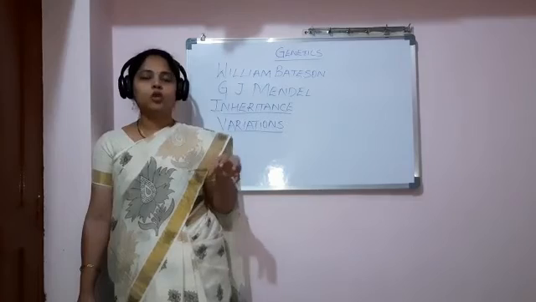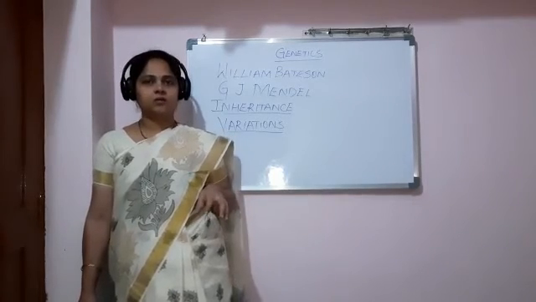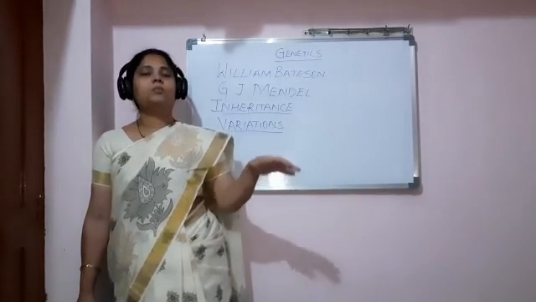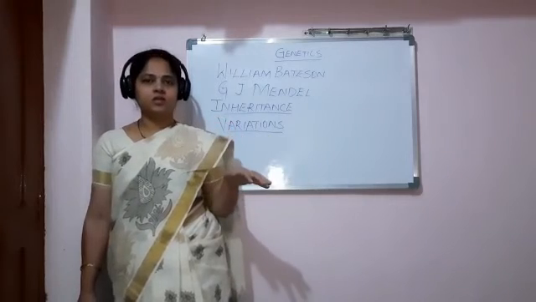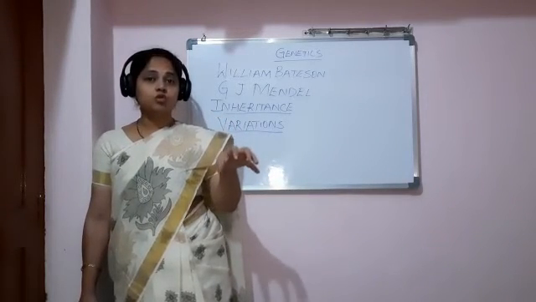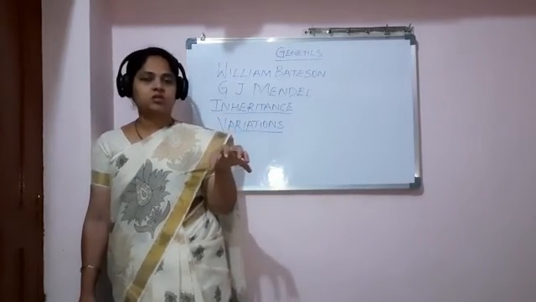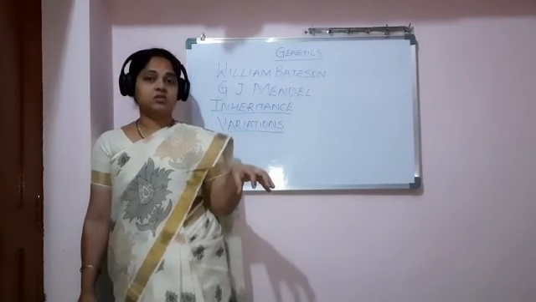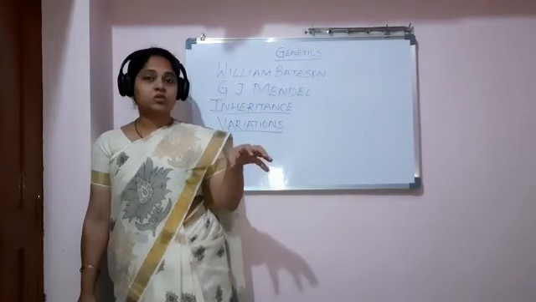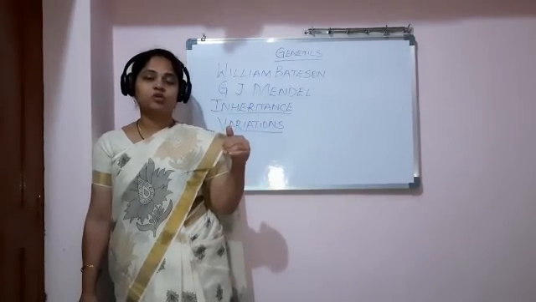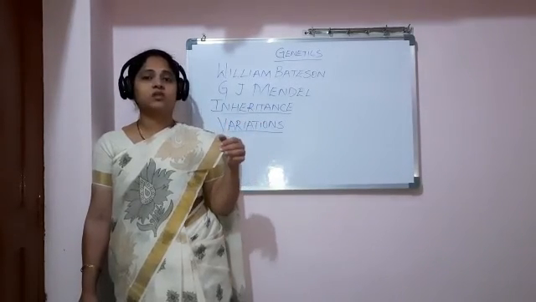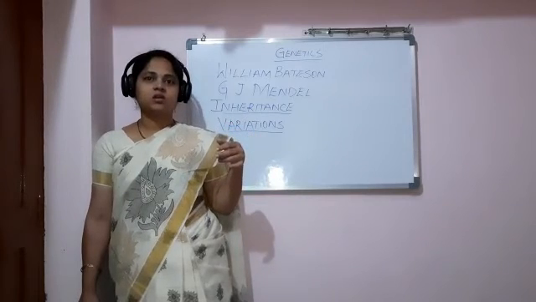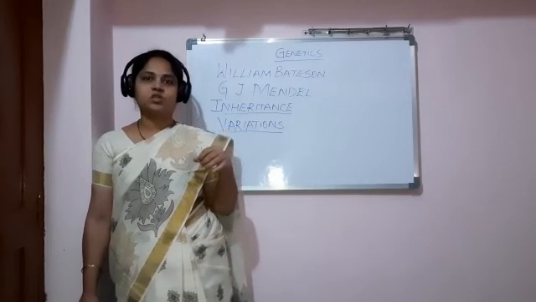After he planted a certain number of pea plants, he observed how those characters were present. The success here is that the characters chosen by him were really easy to observe and easy to count without any anatomical description.